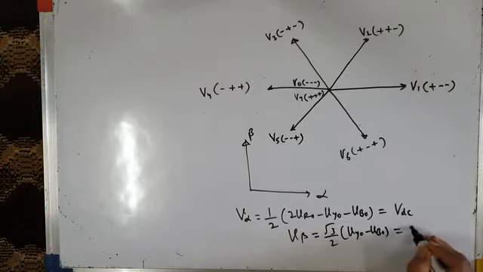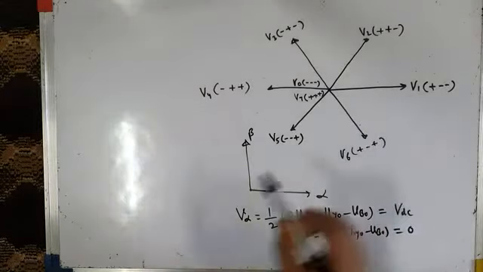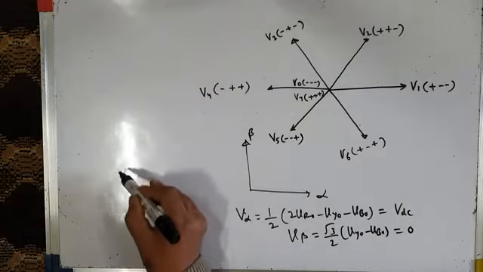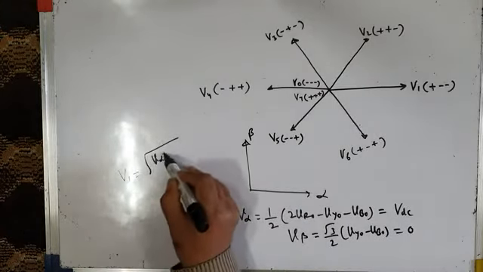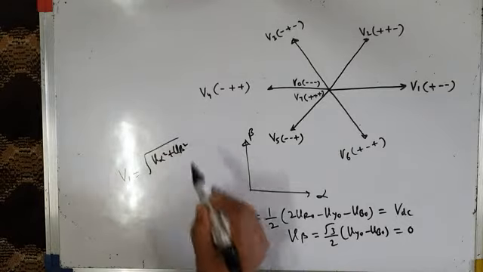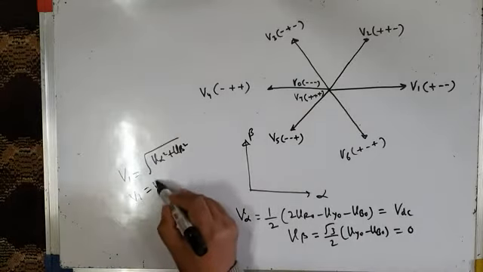And we found in the previous class that is equal to 0. So therefore, the net or resultant voltage vector, we call that voltage vector V1, that is under root of V alpha square plus V beta square. Since V alpha is VDC, it's under root of VDC square plus 0, that is equal to VDC itself.